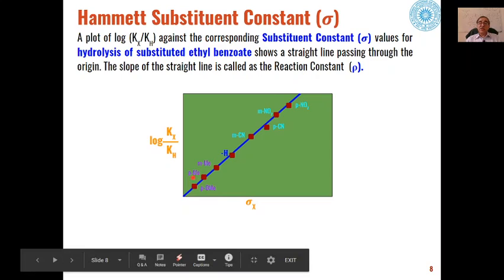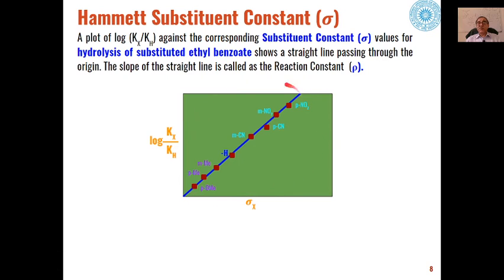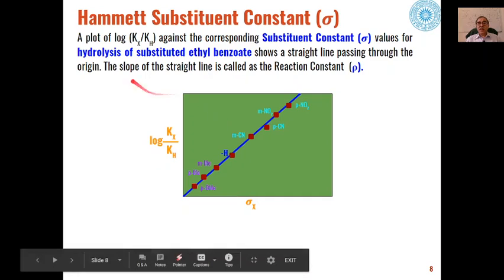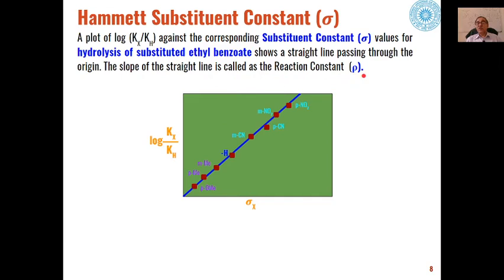So you can see over here that the values of these sigma x can be determined quantitatively from this equation, and the slope of this straight line is called the reaction constant or rho. So we can determine the reaction constant from this plot also, whereas the value of slope will give us the value of reaction constant, that is rho.